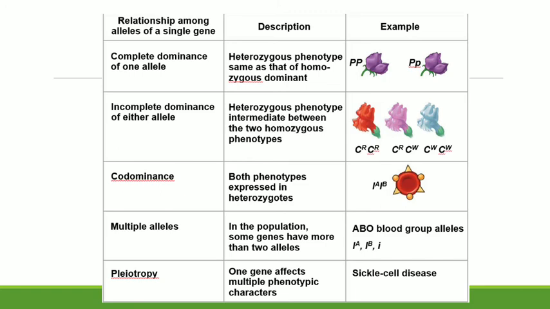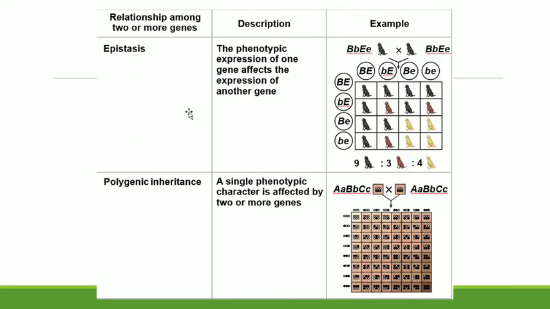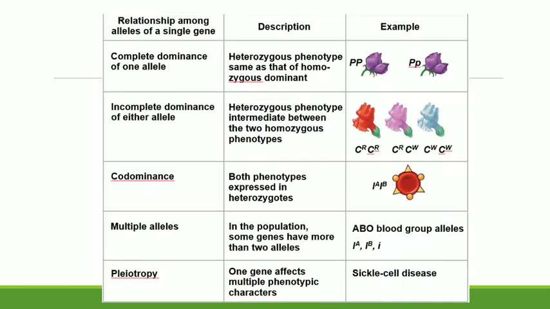So complete dominance, which is what was described in Mendelian genetics, then incomplete dominance, codominance, multiple alleles, pleiotropy, and polygenic inheritance. You can forget epistasis for our class this time. Make sure you know the names of these relationships and you understand how they would be expressed.